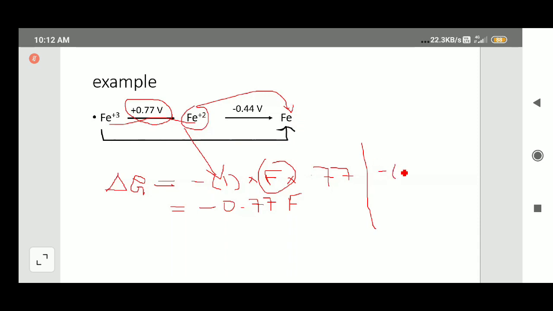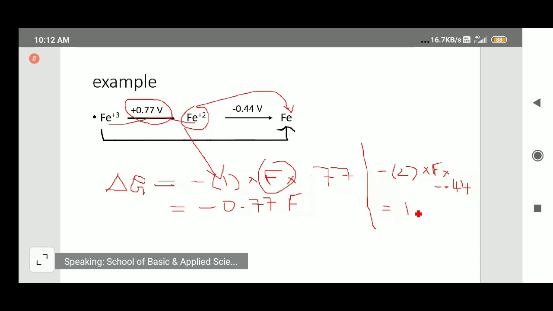So minus 2 times, let us keep the F as such, and then 0 minus 0.54. So this will come as plus 2 into 0.44, that is plus 0.88 F.